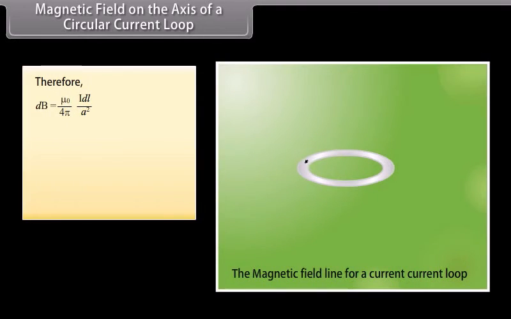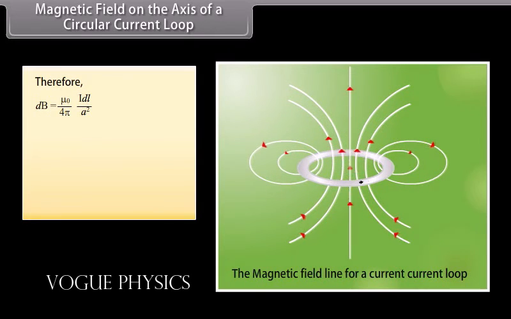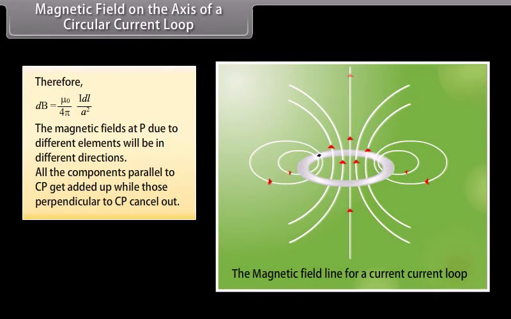Therefore, the magnetic field at P is given by mu naught upon 4 pi multiplied by I dl divided by a square. The magnetic fields at P due to different elements will be in different directions. All the components parallel to CP get added up while those perpendicular to CP cancel out.